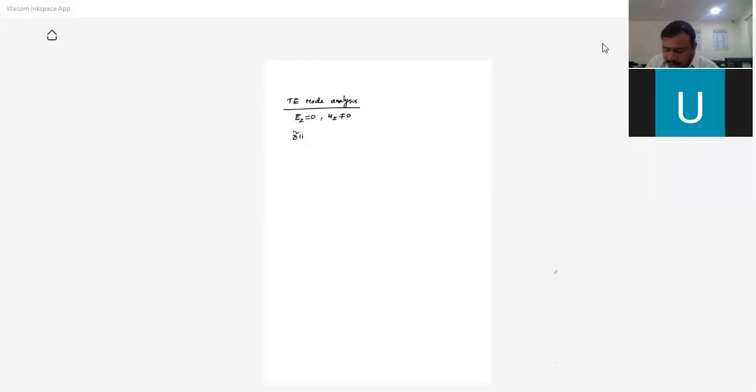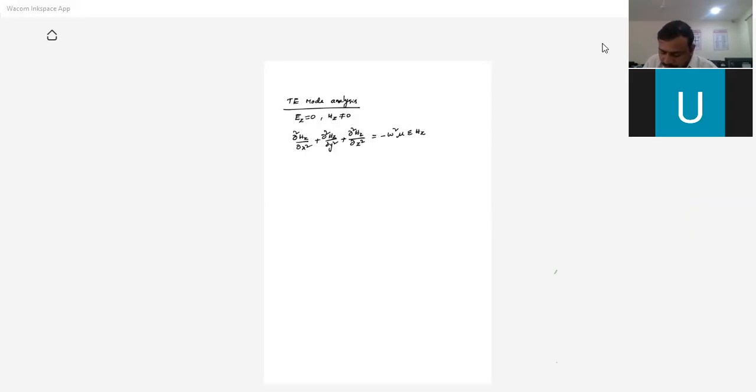So, del square Hz by del x square plus del square Hz by del y square plus del square Hz by del z square is equal to minus omega square mu epsilon into Hz.